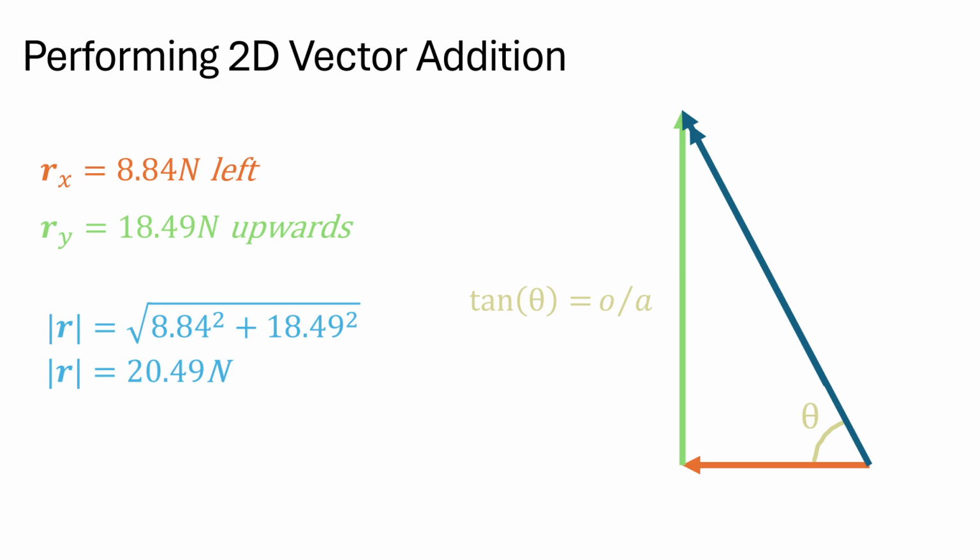Now the reason I'm using tan theta and not sine or cosine theta is that when we calculated our magnitude, we did rounding, which means our horizontal and vertical components are going to be more accurate. That's the difference between precision and accuracy. Precision is like how many digit places you go to.